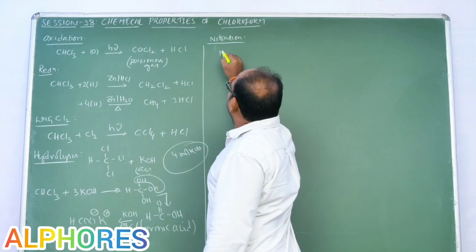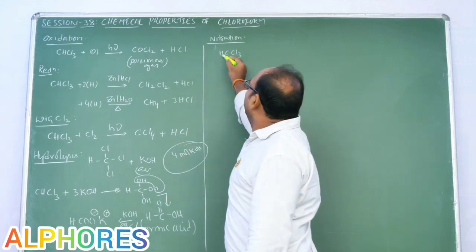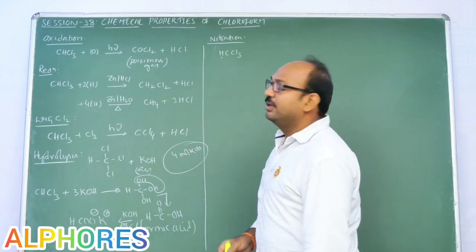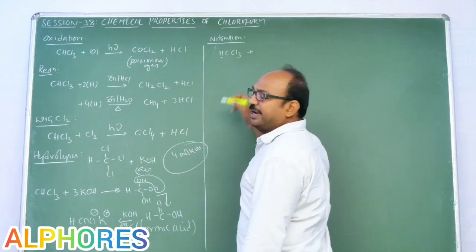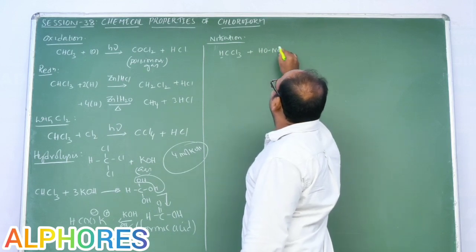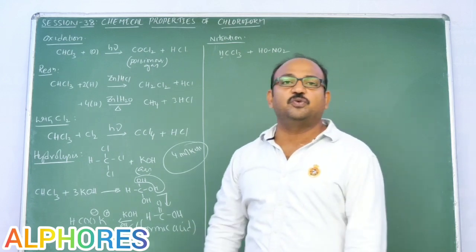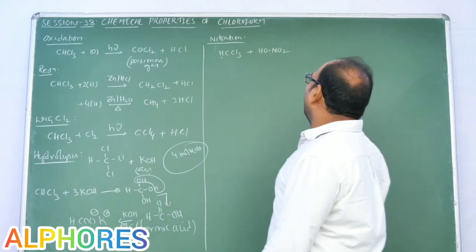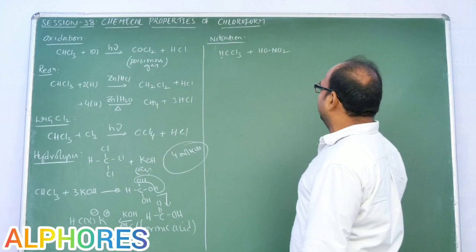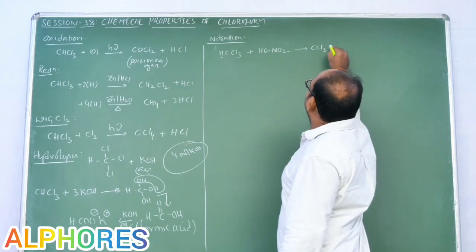Here CHCl3 still consists of one hydrogen, and that hydrogen is replaced by the NO2 group. As we know, nitric acid HNO3, in general we write as HONO2. So chloroform upon reaction with nitric acid gives trichloro-nitromethane.